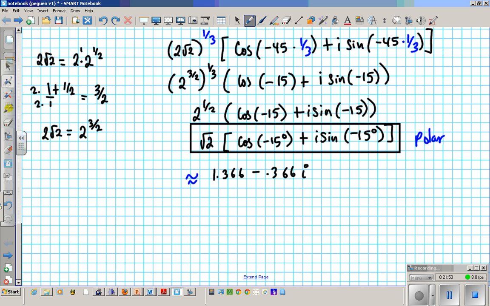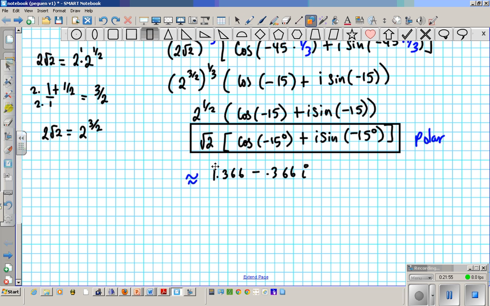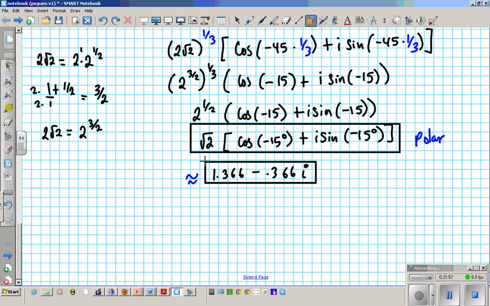So there goes your answer in polar, and this goes in rectangular. Alright, so there's the answer.